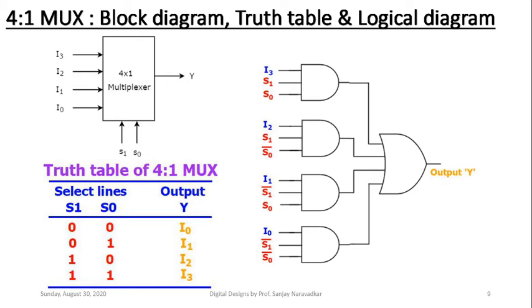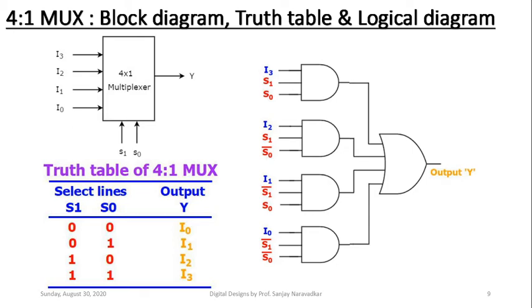Similarly, one can have an 8 to 1 multiplexer design, where there will be a total of 8 input lines I0 to I7. There will be 3 select lines S2, S1, S0 from left to right, and a single output line, say output Y. And the truth table contains a total of 8 entries from 000 up to 111 in a binary sequence.